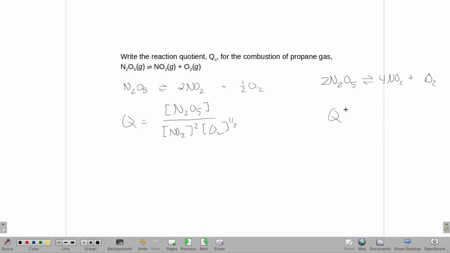This Q has all the same components, but our superscripts are going to be different. So technically our answer for this, our product quotient, is dependent on the balanced chemical reaction. So you are always going to be given balanced equations here, because depending on how you balance it, it's going to change what the K is at equilibrium.